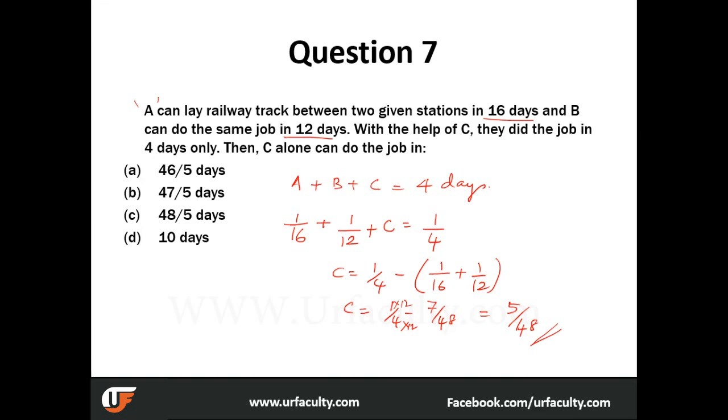So C alone, this is one day. C can complete 5/48 of the work in one day, right? So C alone can complete in 48/5 days, right? And where is the answer here?